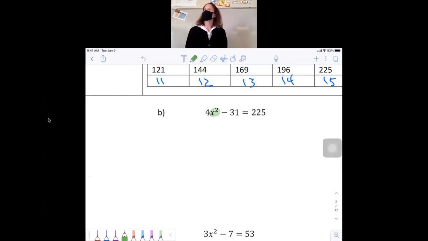Nope, that's always going to be your last step. How though? What do I do first? I would absolutely. You're using those reverse order of operations when it comes to solving. Add 31 to both sides. That's a little bit better, right? Because now at least just the x squared is with 4.